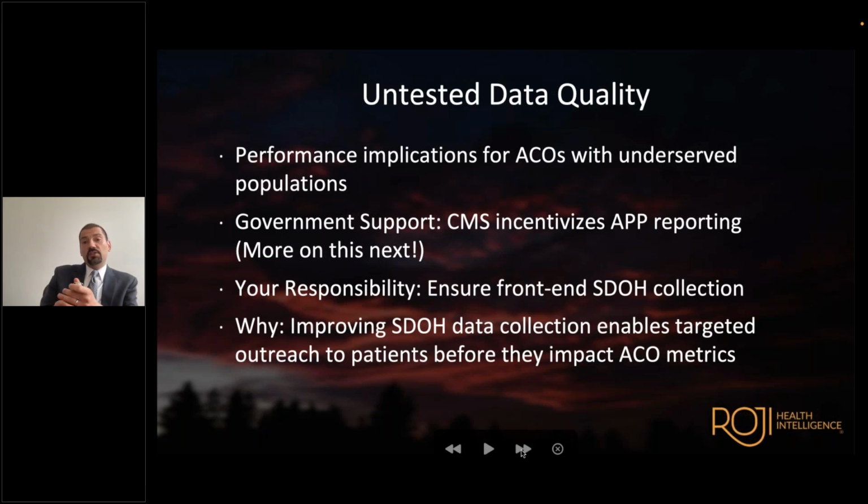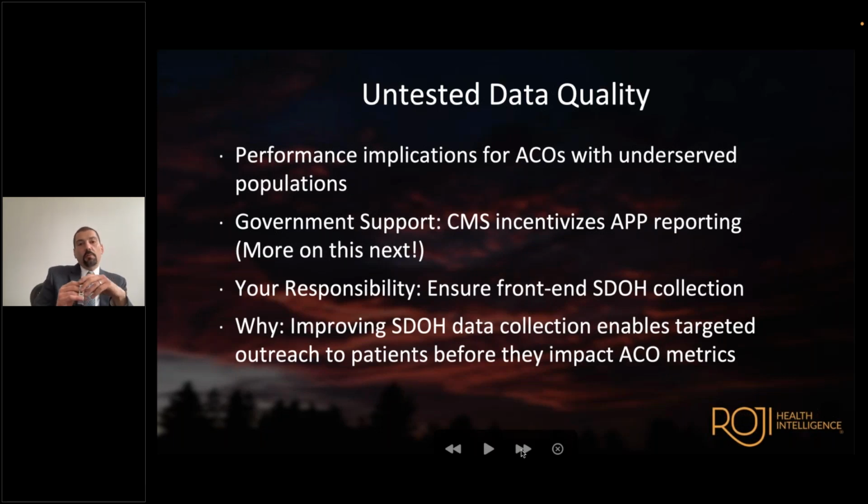CMS is looking to incentivize APP reporting, so that's good, and I'll talk about that in a moment. But your responsibility is to ensure front-end data collection of social determinants of health. That is going to help you target outreach to patients before they impact your ACO metrics.